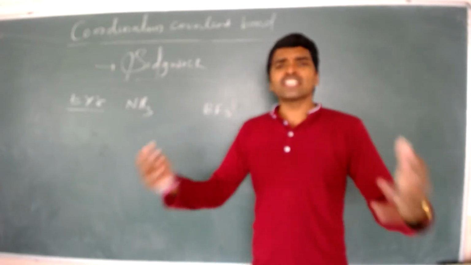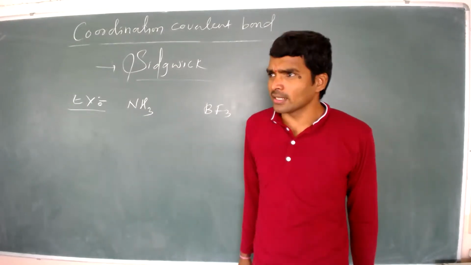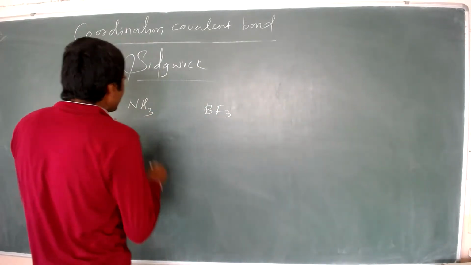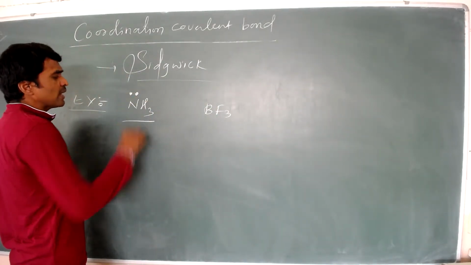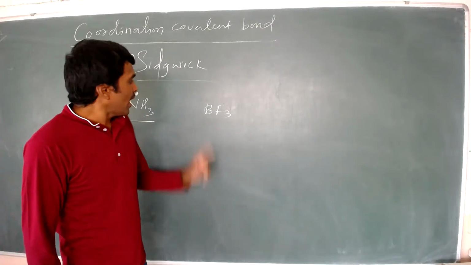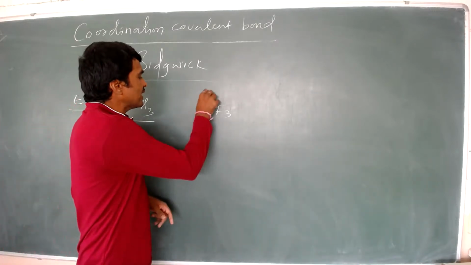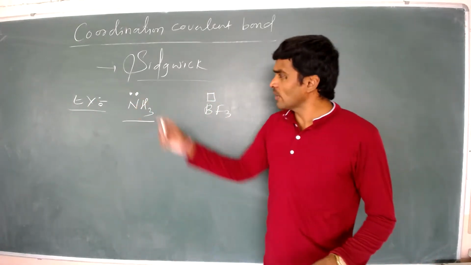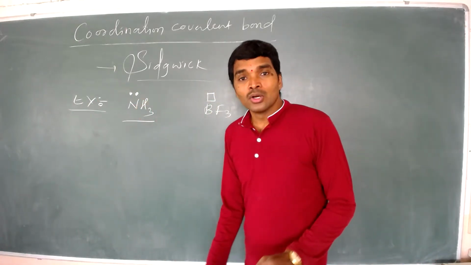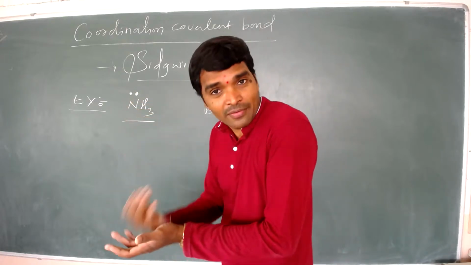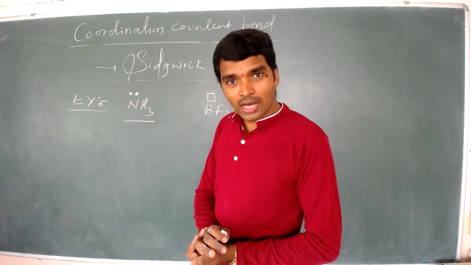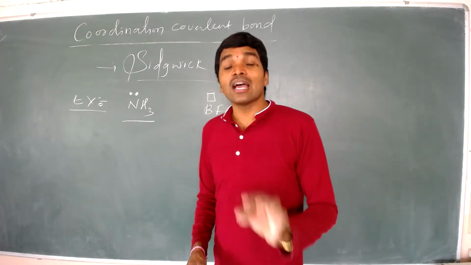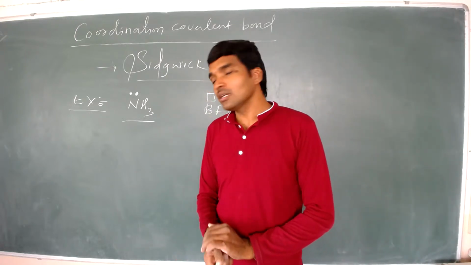The important point here: ammonia has one extra lone pair, and BF3 has one vacant orbital. How does ammonia have the lone pair of electrons? To understand lone pair or vacant orbital, you should understand the octet rule.